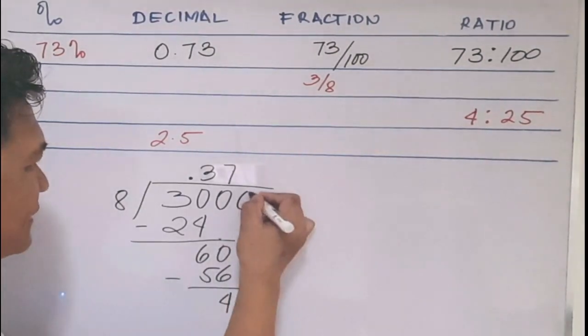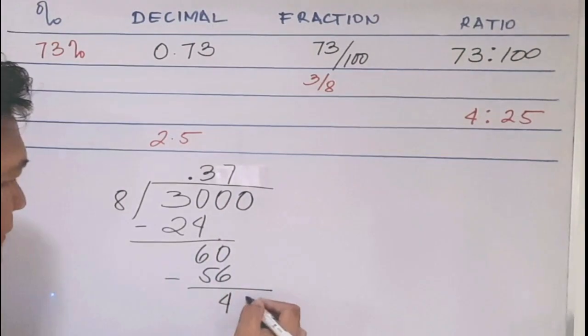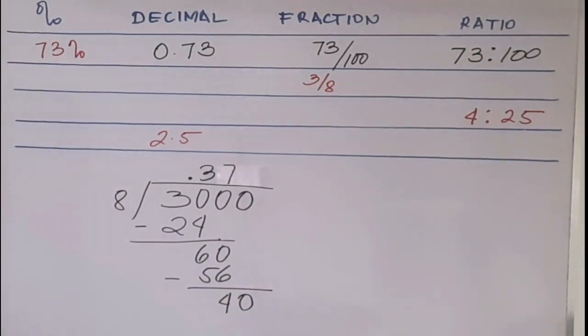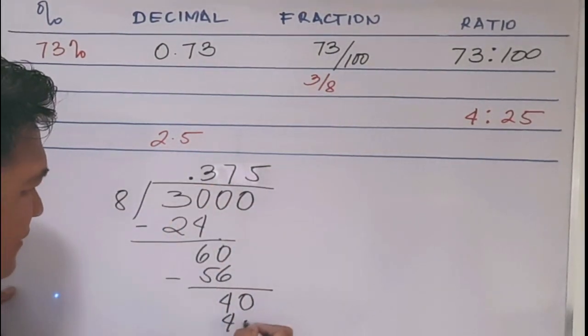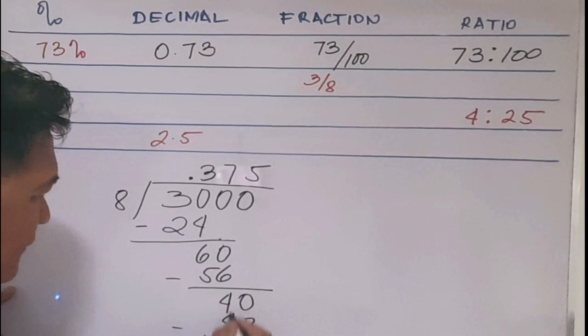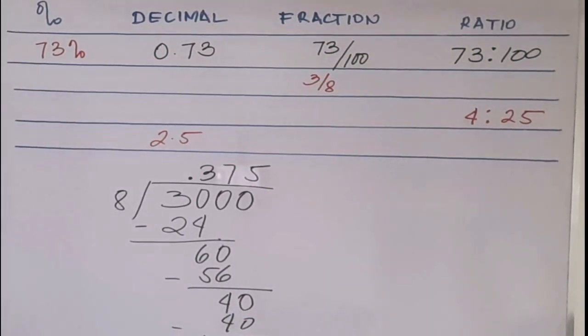We still have a number here, so we add another 0 and bring down 0. 40 divided by 8 is 5. 5 times 8 is 40. We subtract 40 minus 40 is 0.